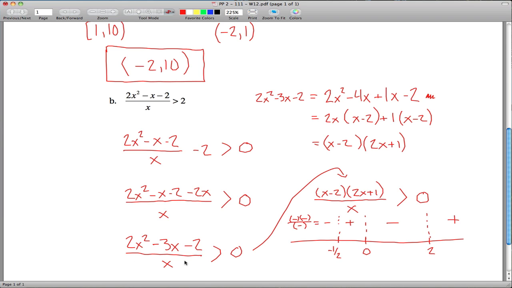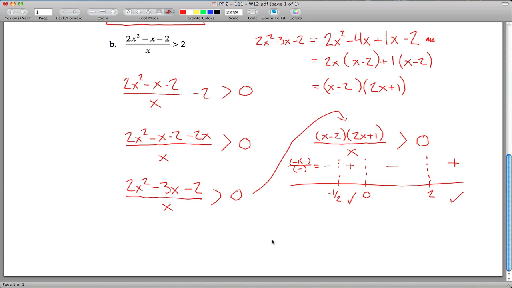So we want to know when all this stuff is greater than 0, in other words, when it's positive. That'll be this region and this region. So our final answer will be everything from -1/2 up to 0, union everything from 2 up to infinity. This interval being this region, this interval being this region. That's the end.